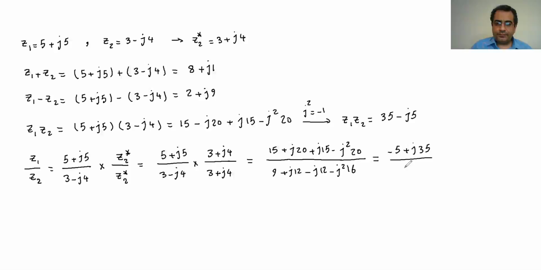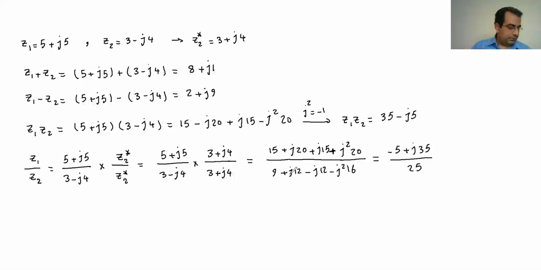Let's see. Yeah, and then we'll have it divided by 25. So let me make sure that I write this one. So 15, j20, j15, and this one is plus. Okay, this one's plus here. Then j20.